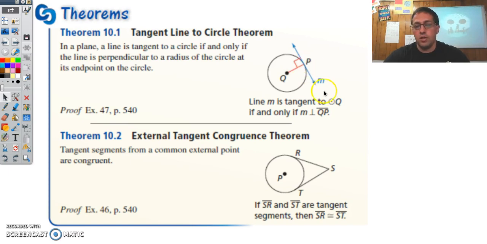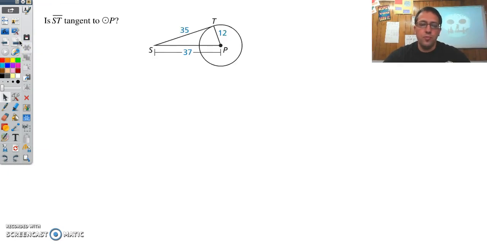So we'd still have 2 intersections. So it has to be perpendicular. It has to form a right angle right there. Also, if you have two external tangent segments that have a common endpoint, then these segments will be congruent. Okay? So let's take a look at this.